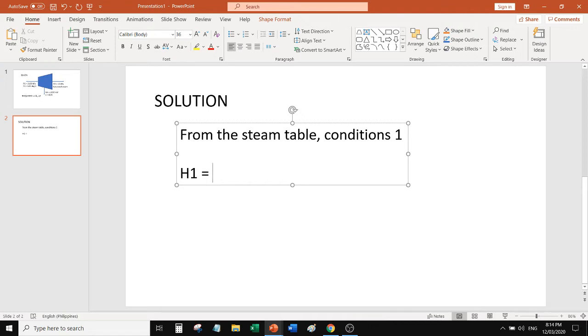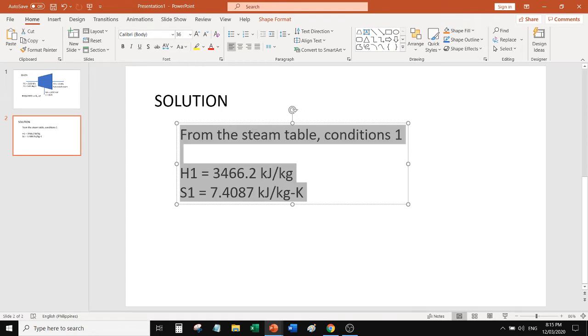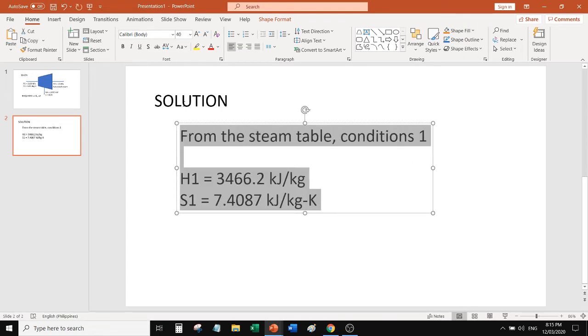H1 is 3466.2 kilojoules per kilogram, and S1 is 7.4087 kilojoules per kilogram Kelvin.